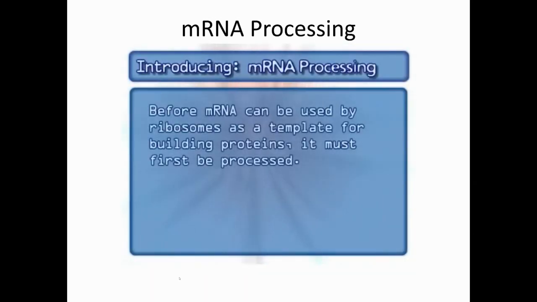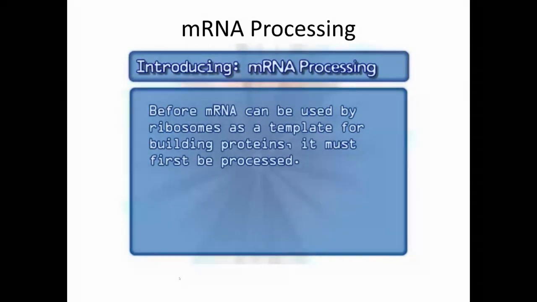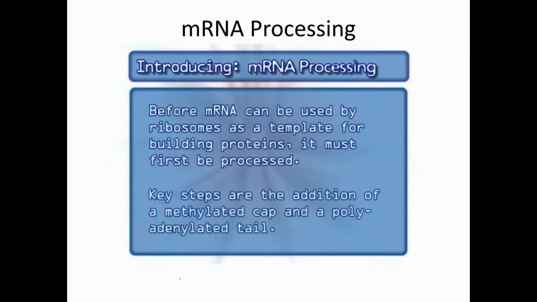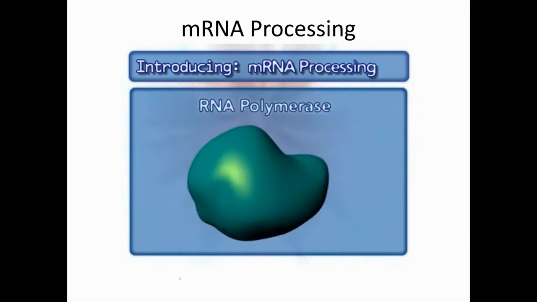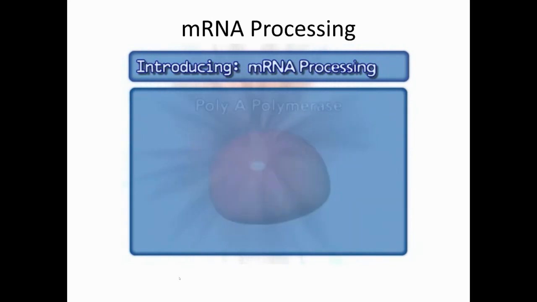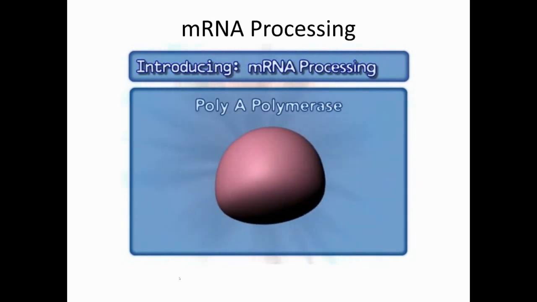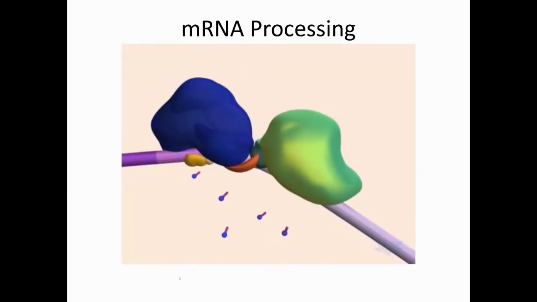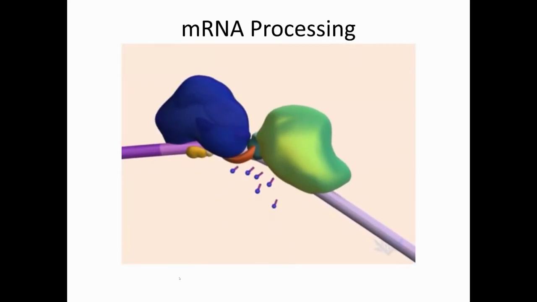Before mRNA can be used by ribosomes as a template for building proteins, it must first be processed. Key steps are the addition of a methylated cap and a polyadenylated tail. Involved in processing are RNA polymerase, cleavage factors, and poly-A polymerase. Processing of mRNA begins with transcription.